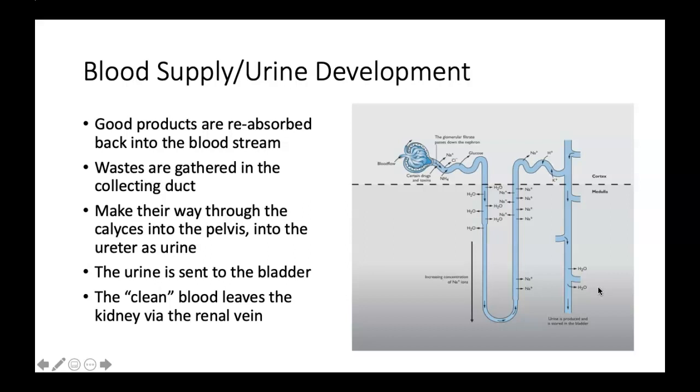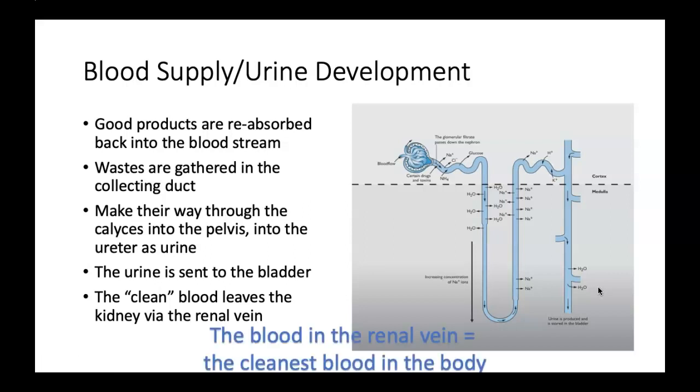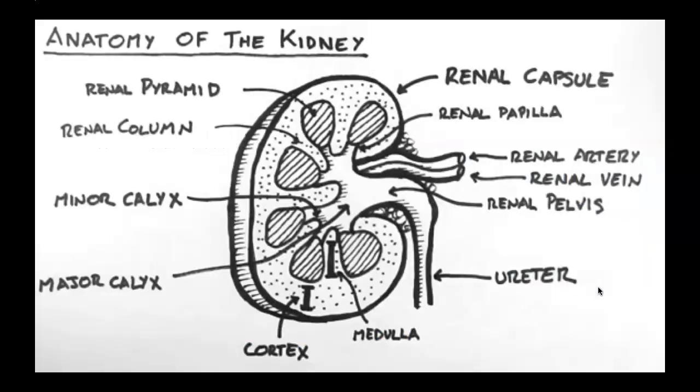The blood in the renal vein, the vein that is leaving the kidney, is the cleanest blood in the whole body. The reason for that is the kidneys have just filtered that blood and taken out all of the waste products from it. And then it's sent back up to the heart for reoxygenation and distribution in the body.